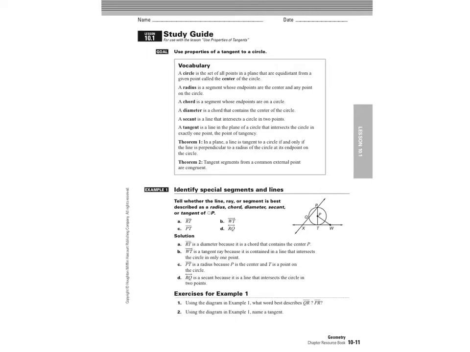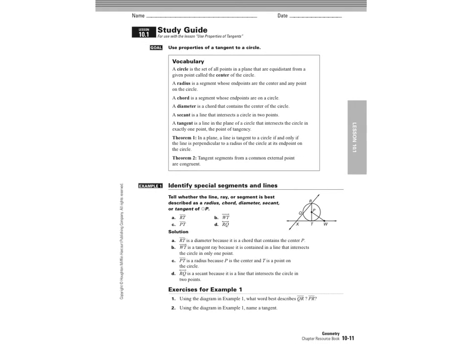Now, what's going to come in handy with the study guides is up at the top, it's got all of your vocabulary and all of your theorems. So you could use the study guides as like a quick little reference here. On the quiz tomorrow from 10-1, know all of the vocabulary.